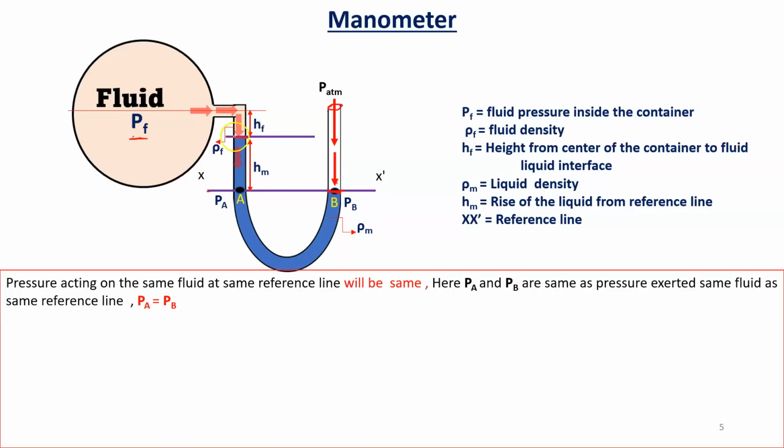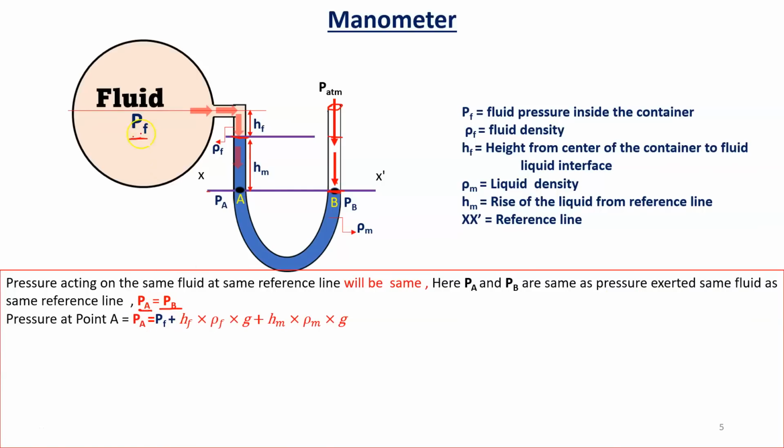If we consider this as the reference line, there will be no manometric liquid, so we cannot consider it as a reference line. So the reference line will be here. Pressure acting on the same fluid at the same reference line will be the same. Here PA and PB are the same, as pressure is exerted on the same fluid at the reference line, so PA is equal to PB. Now we have to calculate PA.